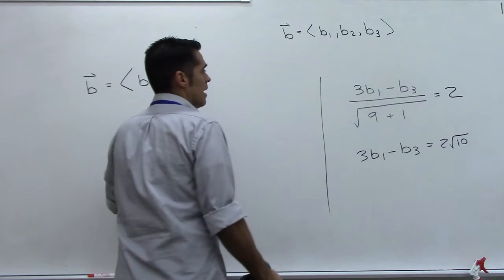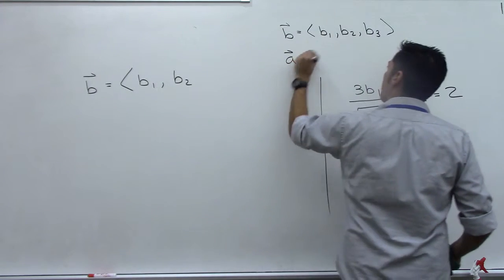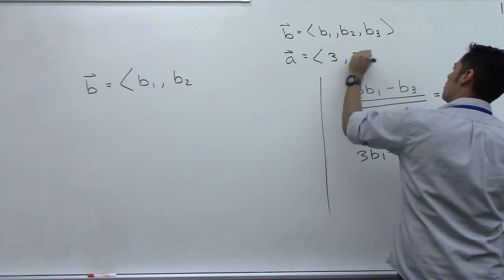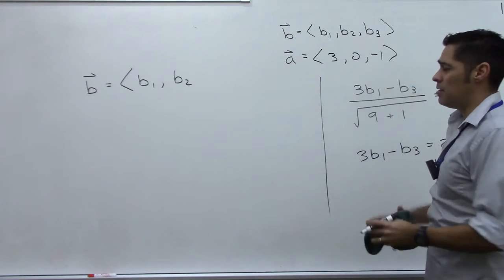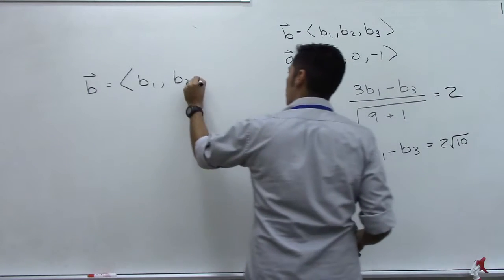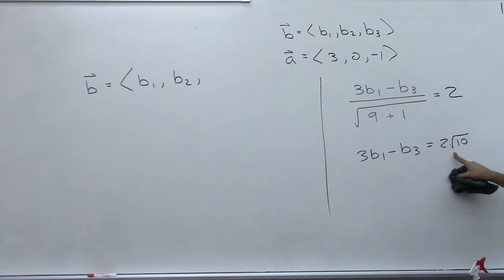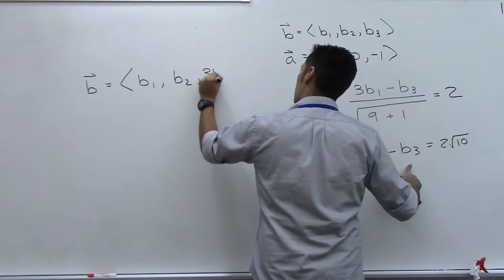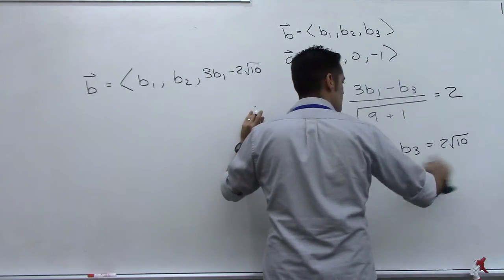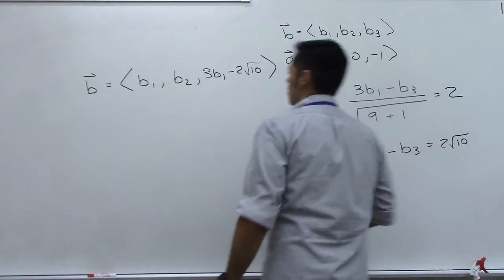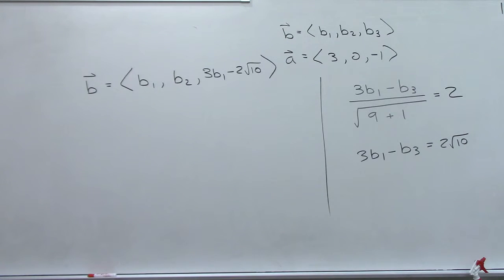B2 doesn't look like it matters, because when I dot it with A, remember A was 3, 0, negative 1, that times 0 is not going to matter. So B2 is free to be whatever I want. And then B3, I could solve this for B3. So I could get 3B1 minus 2 root 10. That's what you would get if you solve this for B3. So if I pick a vector that looks like that, it should satisfy everything that we want.